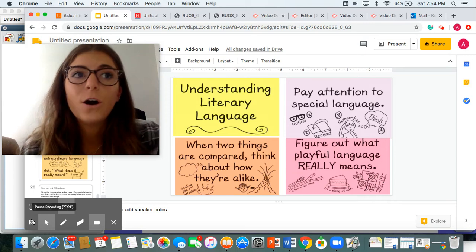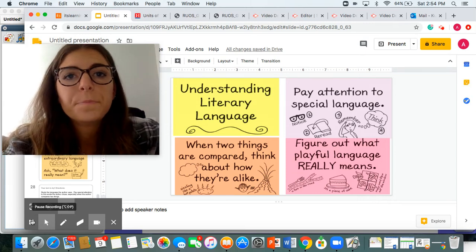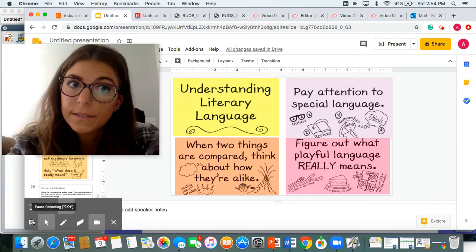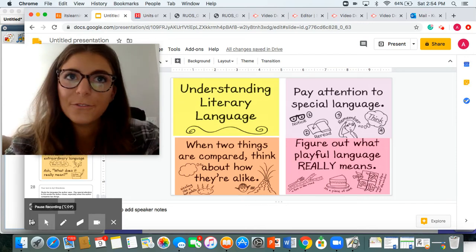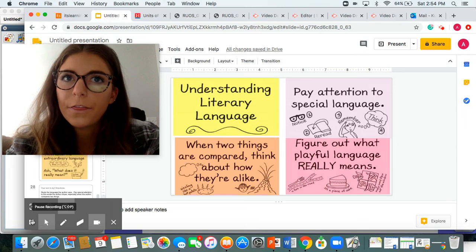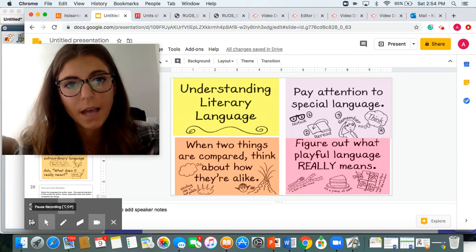But the author wanted us to know what it felt like when the father laughed. So she compared his laughter to the bright sun.